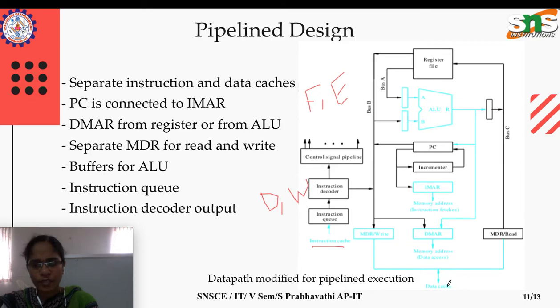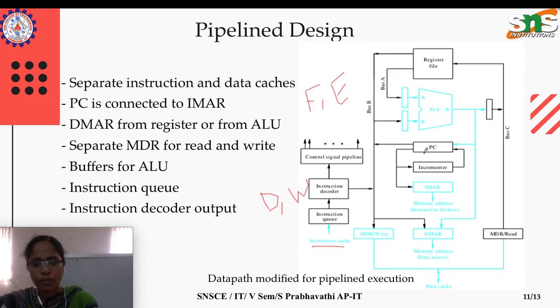There are separate caches maintained, so that the instruction will be fetched independent of the data, and the data could be fetched from the register directly. And see here, PC is not connected to the ALU.